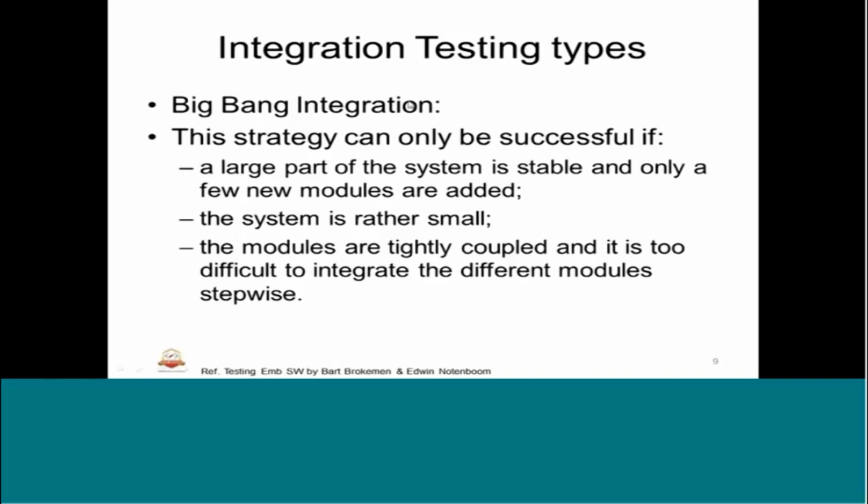Big bang integration. This strategy can only be successful if a large part of the system is stable and only a few modules are added. The system is rather small, or if the modules are tightly coupled and it's too difficult to integrate the different modules stepwise.